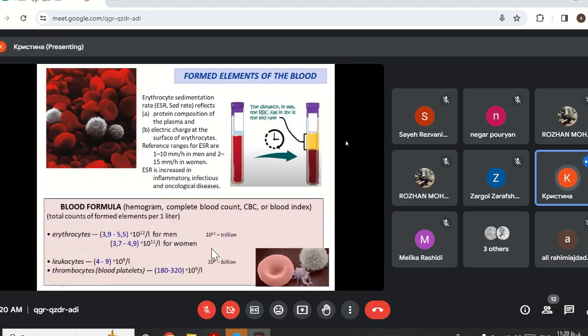Next, if you take blood from the patient and let it stay for a while, you will see that the erythrocytes and other formed elements of blood will go downwards, and above them you will start to see the blood plasma here. And if you measure the distance in millimeters that the red blood cells fall in 1 hour, it will be called the erythrocyte sedimentation rate, or ESR, or SED rate.